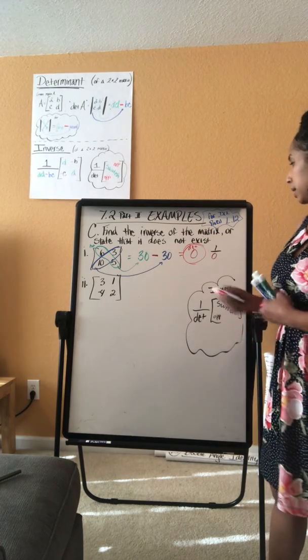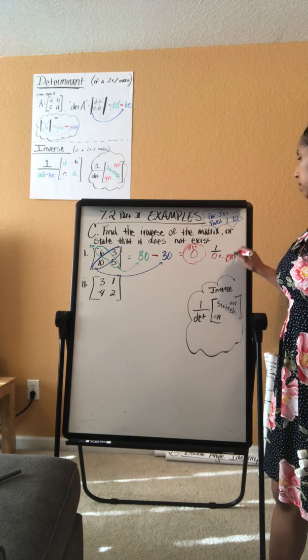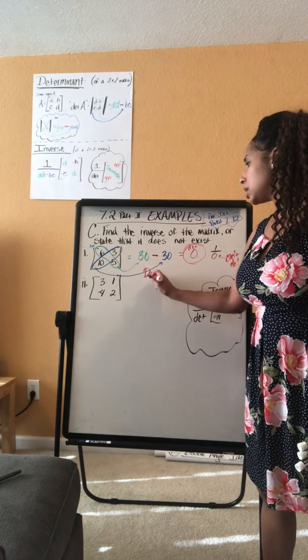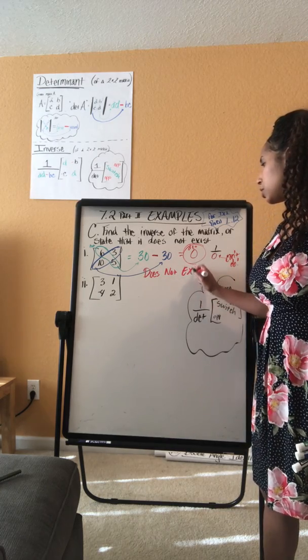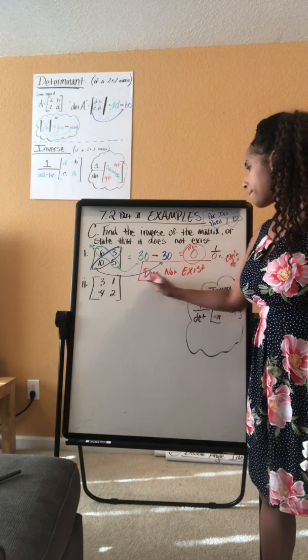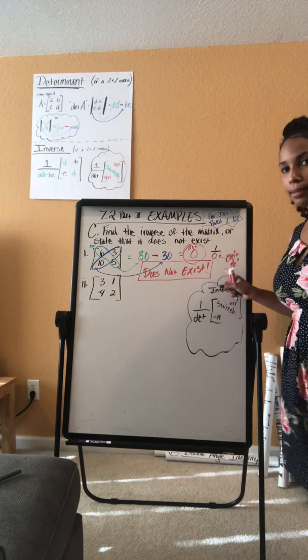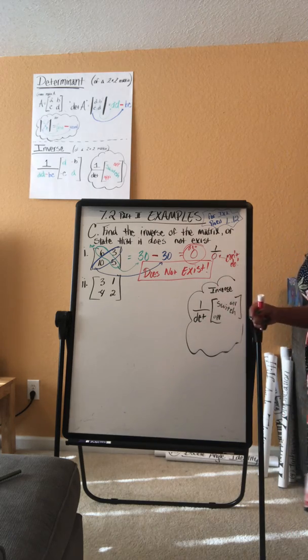Does not exist is my answer because we cannot divide by 0. Again, that only happens when your determinant is 0, because we cannot have a 0 down here in the denominator.